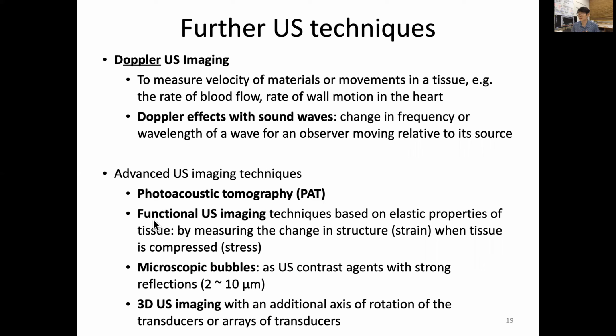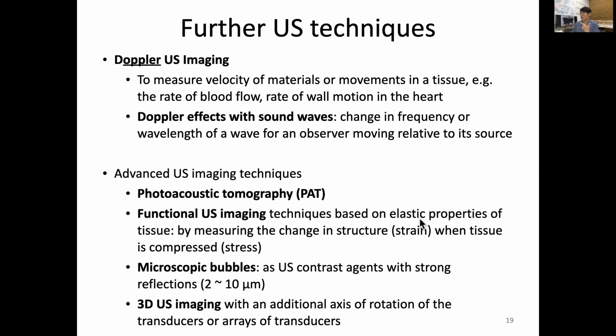Another example of an advanced functional ultrasonic imaging technique: because ultrasound uses sound waves, and the interaction of sound waves inside biological tissue depends on mechanical properties, variations of mechanical property or elasticity can also be measured by functional ultrasound imaging.